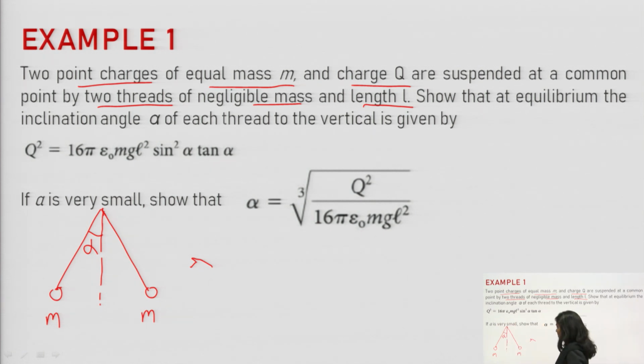For that we need to write all the equations for equilibrium. We need to find the different forces acting here. One force is in the downward direction, that is mg.